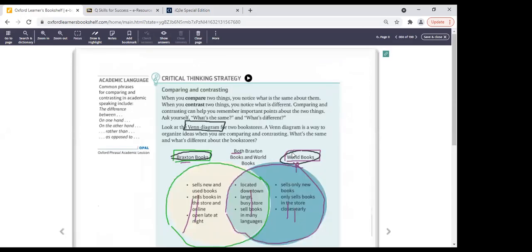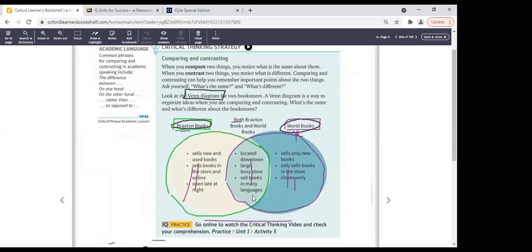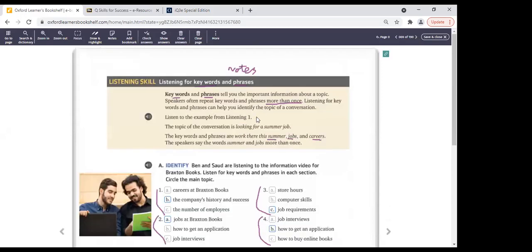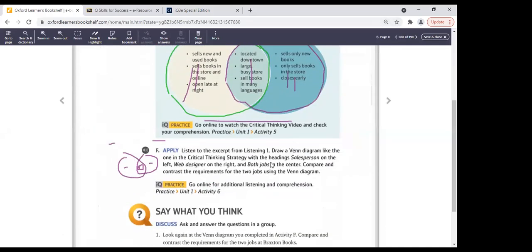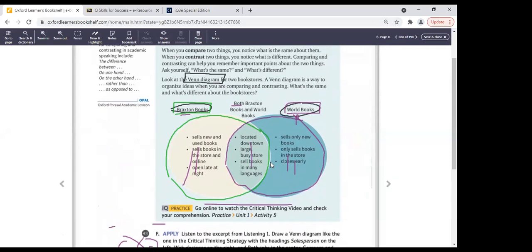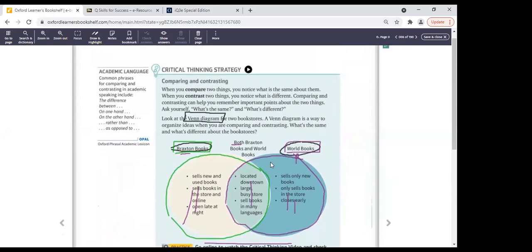Then we looked at the Venn diagram. We didn't actually take the activity. We just explained what a Venn diagram is, and how you can use it to help you compare and contrast the similarities and the differences between things. And we will use it in maths.